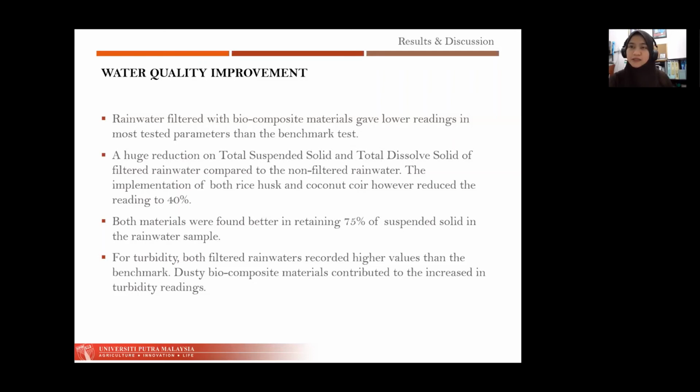From the test conducted, the total suspended solid recorded for the benchmark sample was 20 milligram per liter, while for the rice husk and also the coconut coir, it has reduced the TSS to 5 milligram per liter. And both materials were found better in retaining about 75% of suspended solid in the rainwater sample.